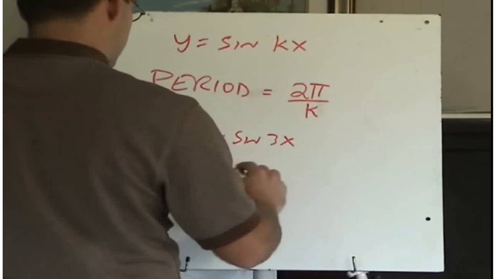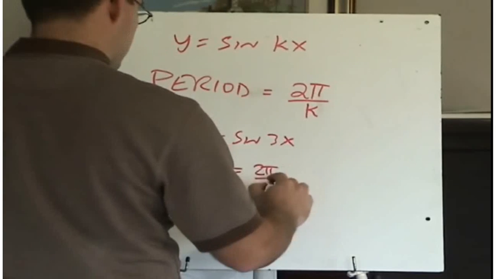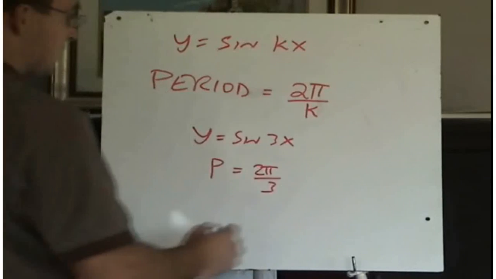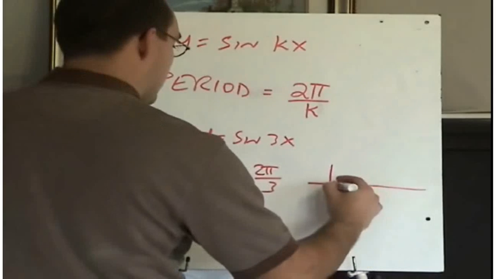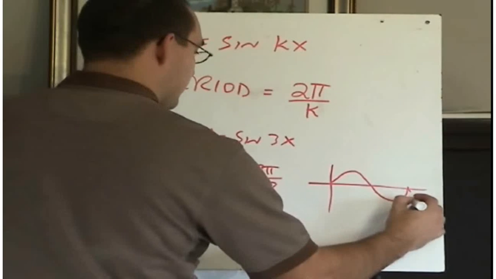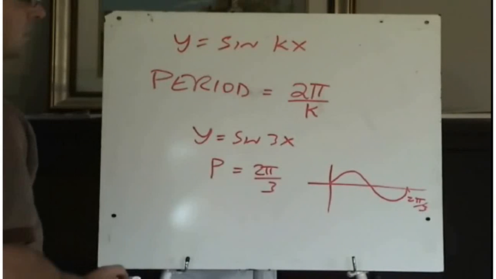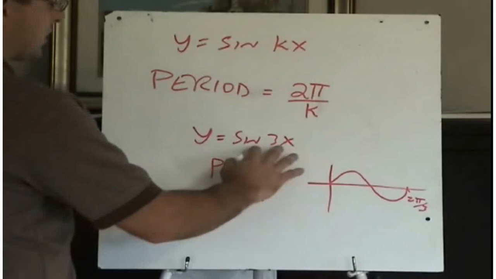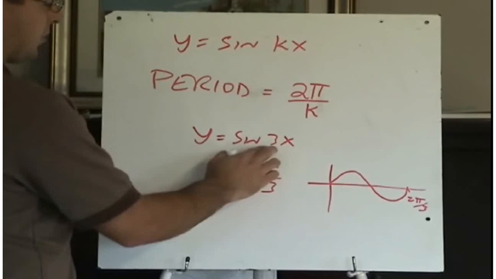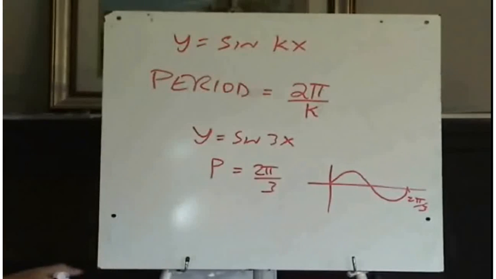Well, the period would be 2 pi divided by 3. In other words, if we were to sketch this function, this point right here would be 2 pi divided by 3, because its period has been compressed by 1/3. So instead of 2 pi, it's 2 pi over 3.